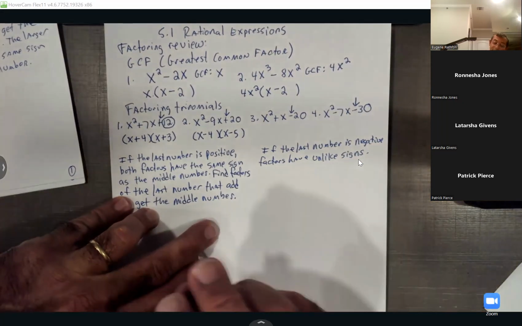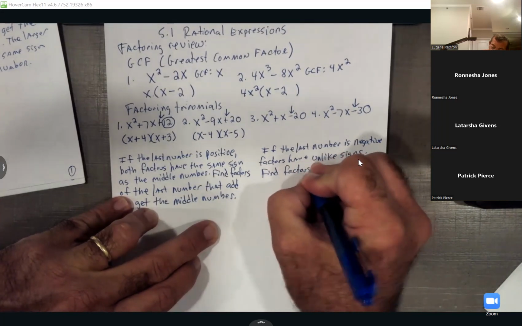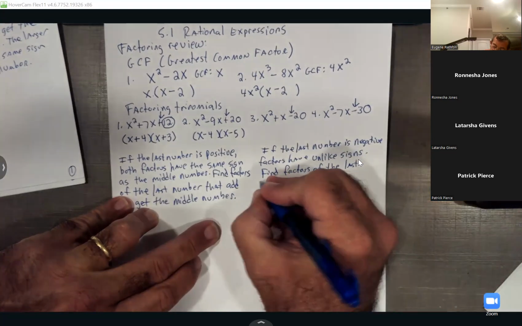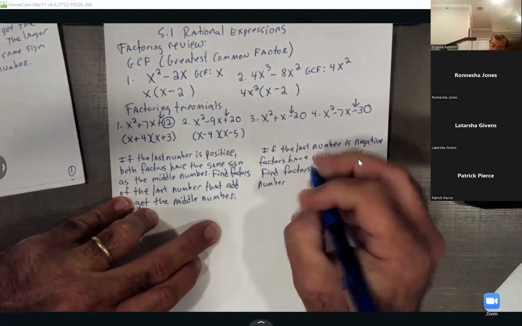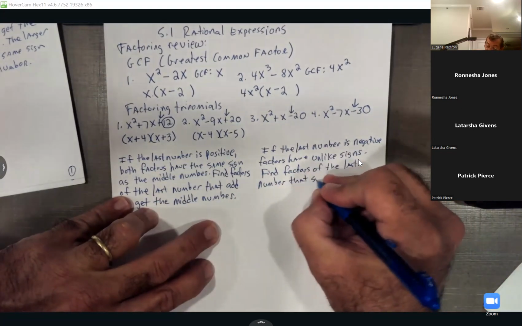Now, the only difference is I'm going to find factors of the last number that subtract to get the middle number.